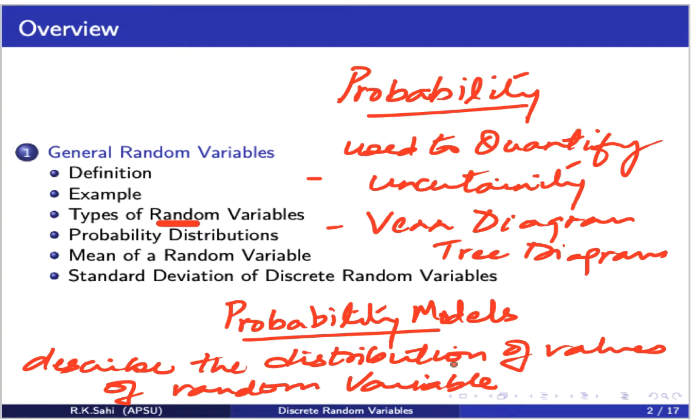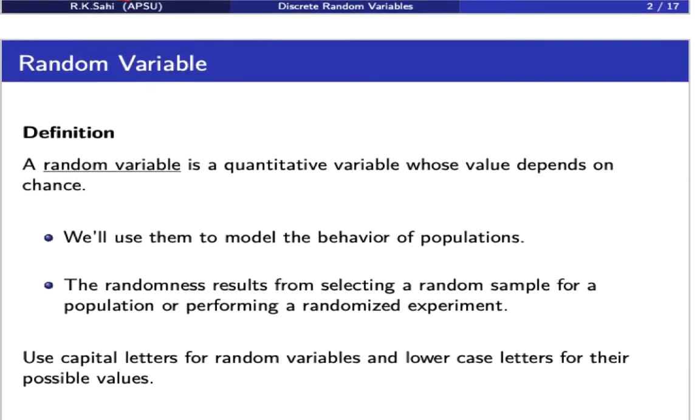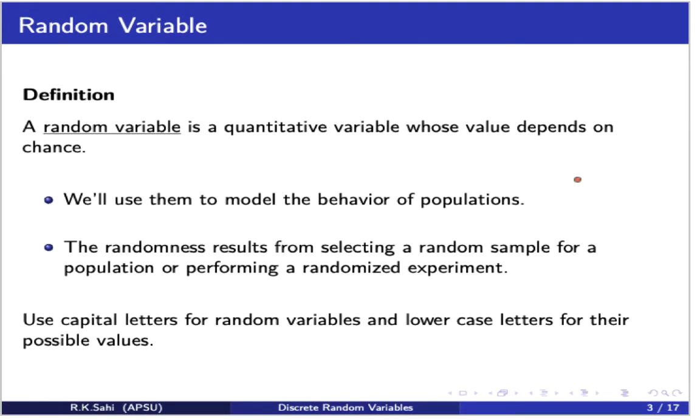And now we're going to look at some of the basic concepts. The first one we're going to talk about here is a random variable. So what is a random variable? A random variable is a quantitative variable whose value depends on chance. Remember, probability is a chance.